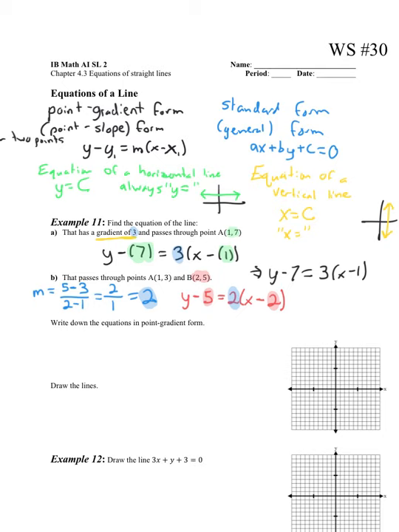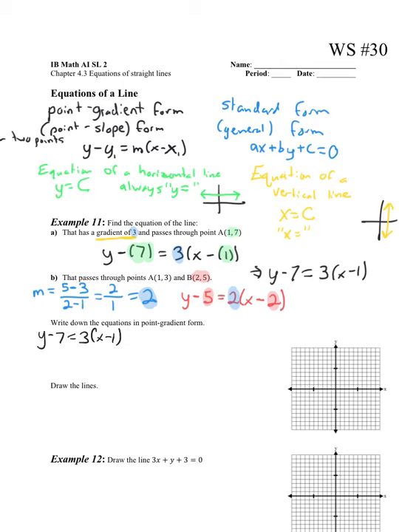So write down these equations in point slope form, which we already did. Y minus 7 equals 3 times x minus 1. And then the second one was y minus 5 equals 2 times x minus 2. Actually, I'll do the second one in red still.